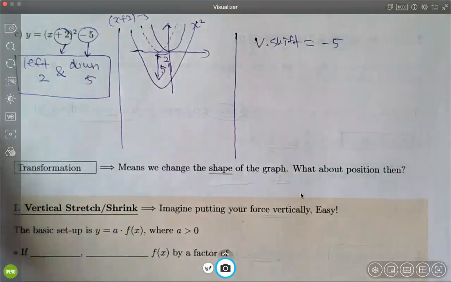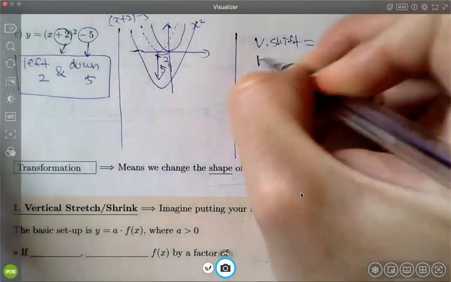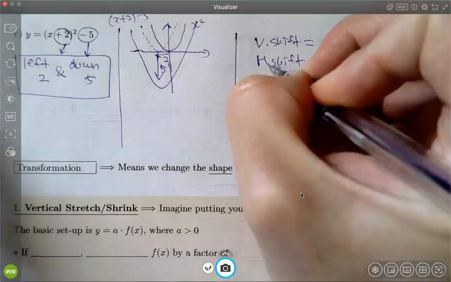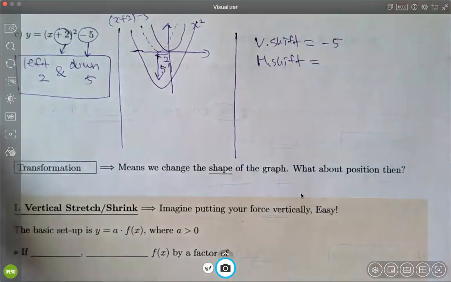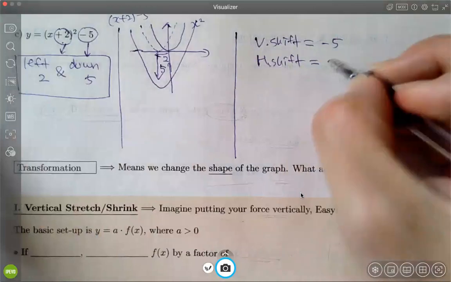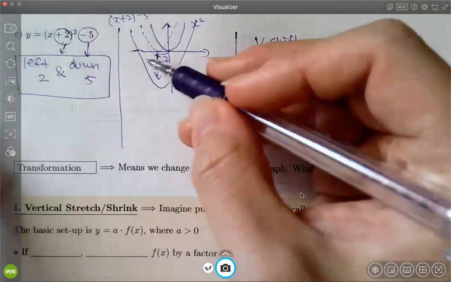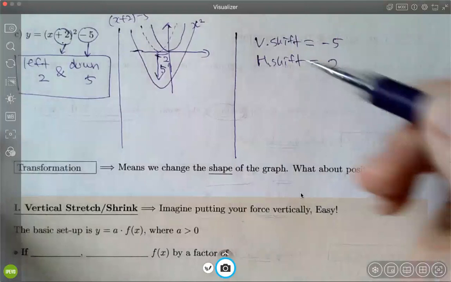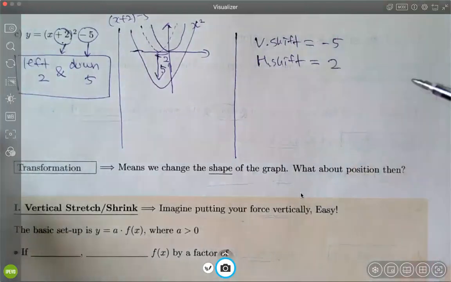And now, are we doing any horizontal shift? Yes, it's 2. Remember, even though we are going in the left direction, we have to put just 2, because that's how much we add. We don't put minus 2.